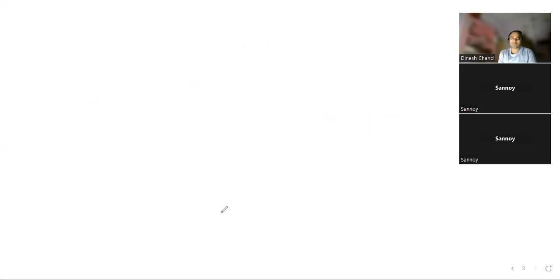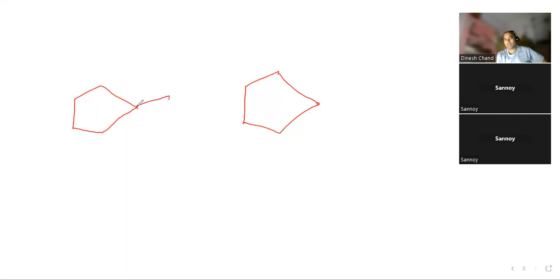Let me ask you one more. If you see, this is cyclopentane. Here the solid line is towards the observer, suppose you are watching from here.